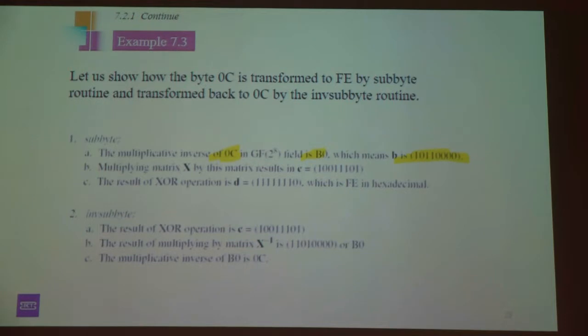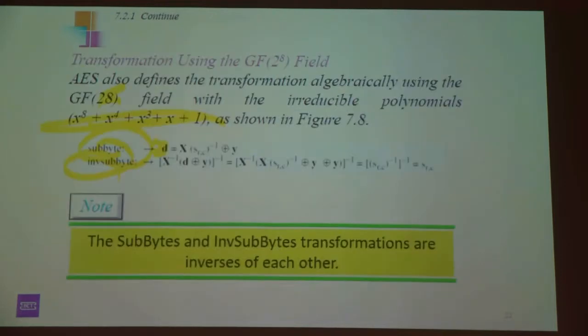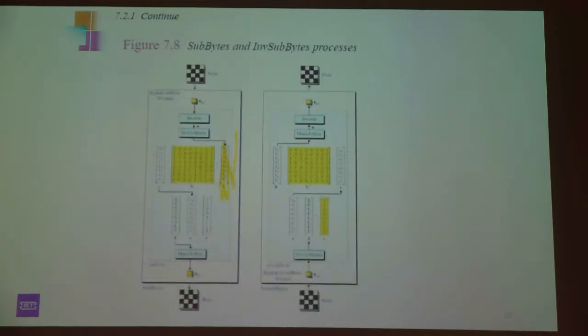Multiplying it, okay, so let me go back. We put it in here, as you see in here, this is B, the inverse. Then you multiply it with a predetermined matrix, which we know has an inverse. Multiply it with the matrix, we're going to get C. Where is C? Let's go back, this is C in here, right?